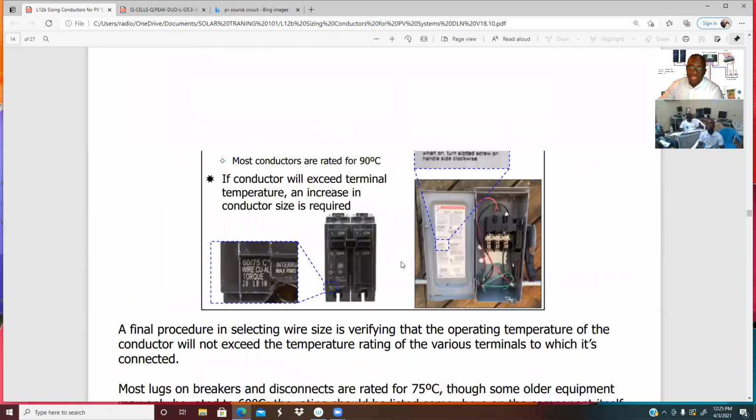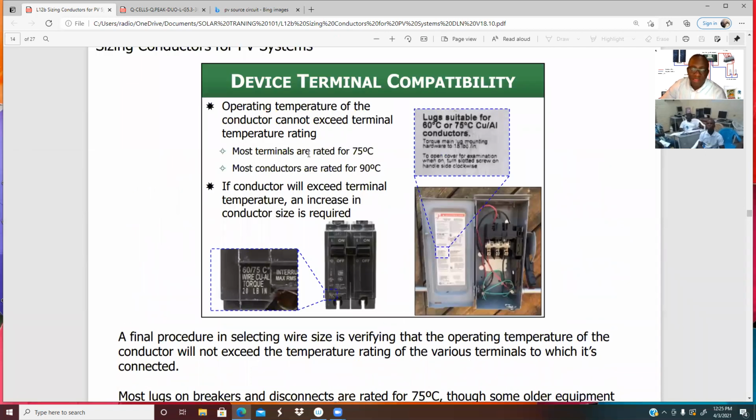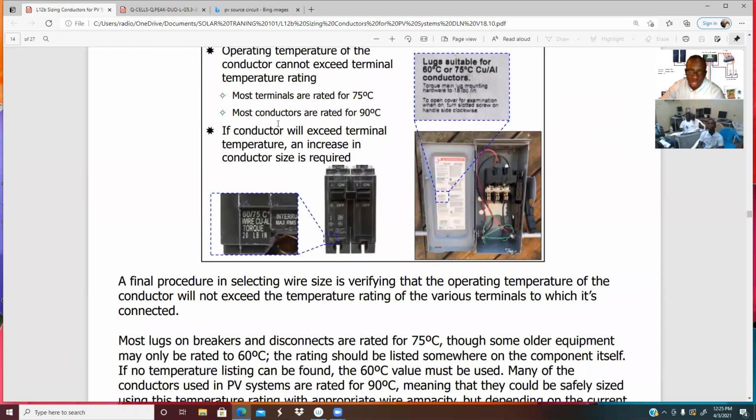What they are saying here is the conductors are rated for up to 90 degrees. And we all know what a conductor is. But then the terminal, so if that conductor has to go through this socket, through this breaker, it has its own ratings as well.